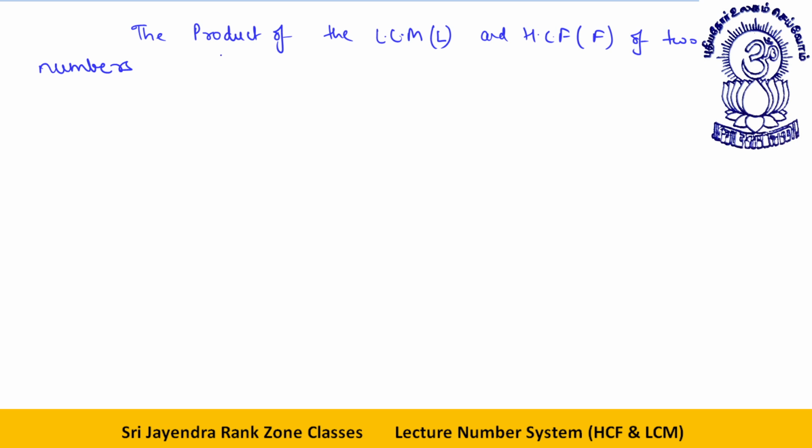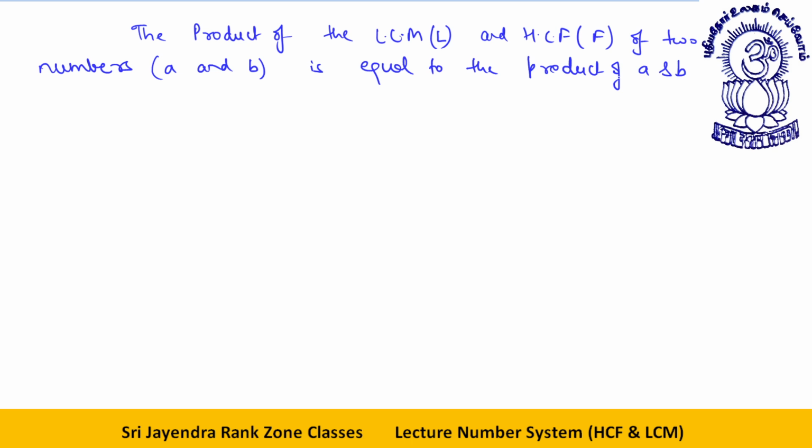The product of HCF and the LCM of two numbers A and B is equal to the product of A and B.